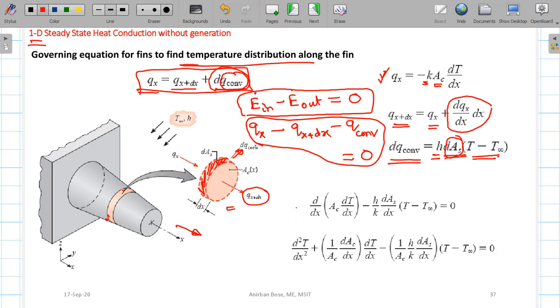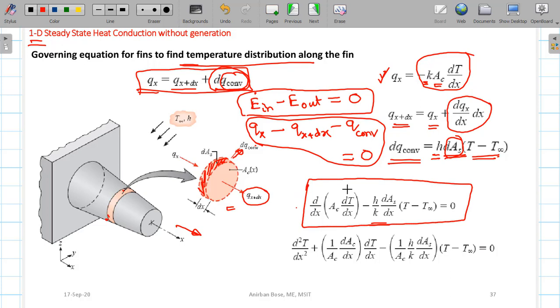Further, we have considered that k is constant, not a function of x, so k is taken out of the differentiation and we have divided by k, and that is why the expression comes like this. You just put these values there. So what you are getting is this as the equation.